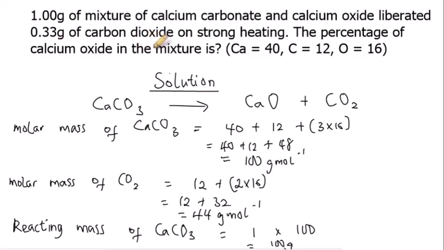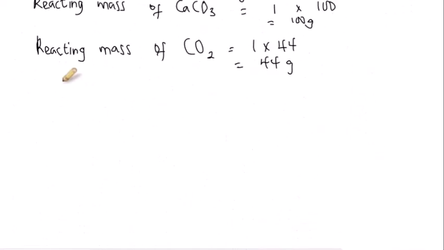We are given the mass of carbon dioxide that was produced on heating, but we do not know the exact amount of calcium carbonate that took part in the reaction. Do not forget that the compound that was heated is a mixture of calcium carbonate and calcium oxide. To know the amount of calcium oxide present, we need to know the amount of calcium carbonate present. And that's what we are trying to do now.